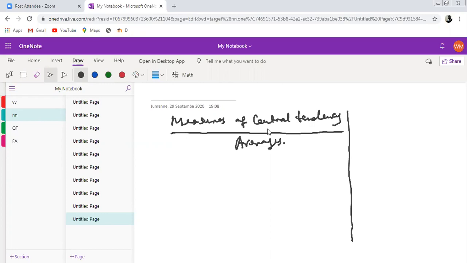So the general performance of the class can be through calculation of the mean, which is the average, or through determination of the median. The median is the mark that is going to be at the middle position, if I arrange from the smallest to the highest score and locate the mark at the middle. Then I can use that to be the performance of the entire class.